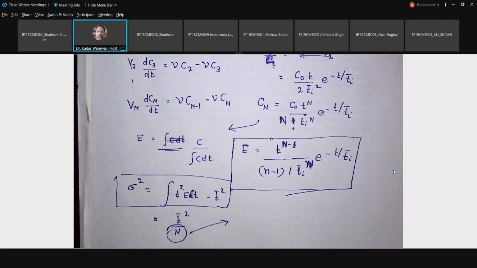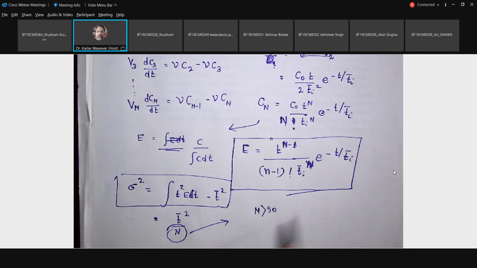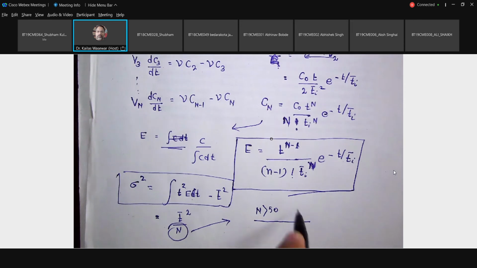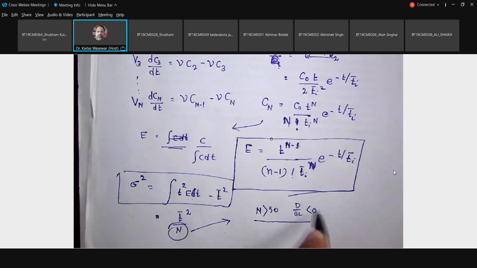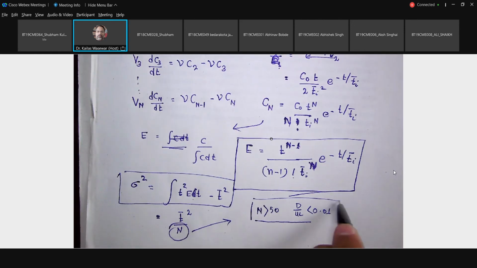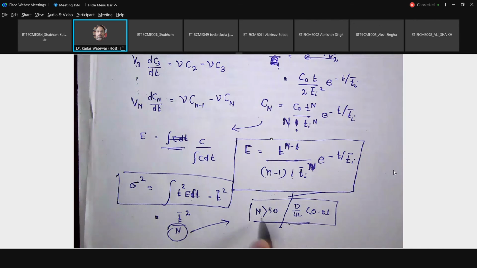Yes, if n is more than 50, not 20, sorry, then it is moving towards symmetry. n greater than 50 means D upon uL is less than 0.01. So generally you have this small deviation from plug flow.